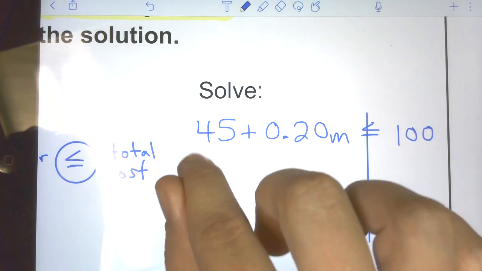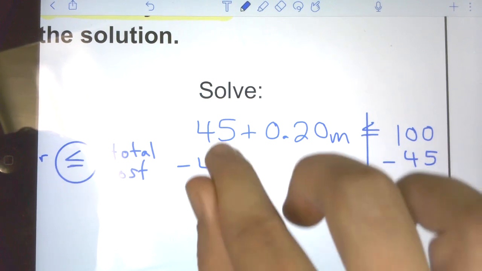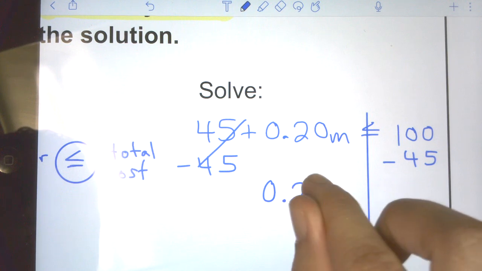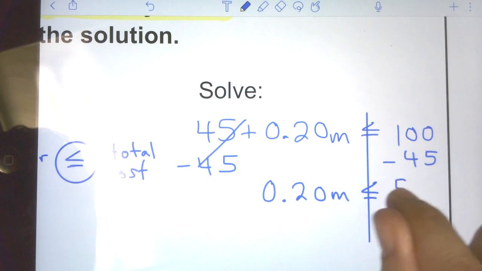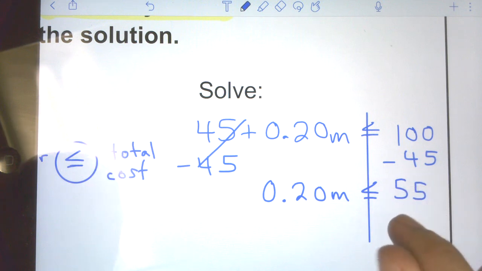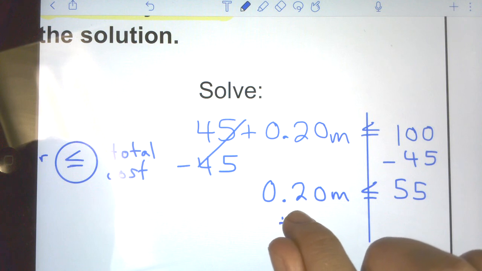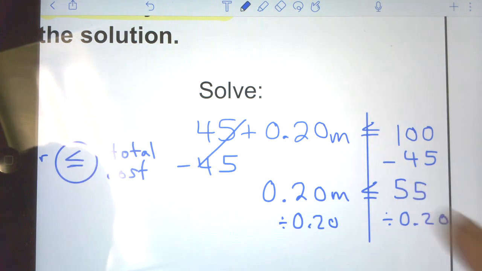So I'm going to start by subtracting 45 from both sides. These 45s will cancel. We'll be left with 0.20m is less than or equal to 55. And then our last step here is to divide both sides by 0.20. All right.